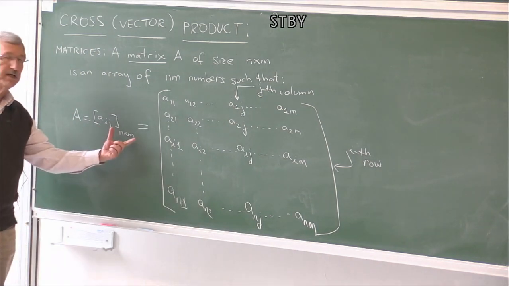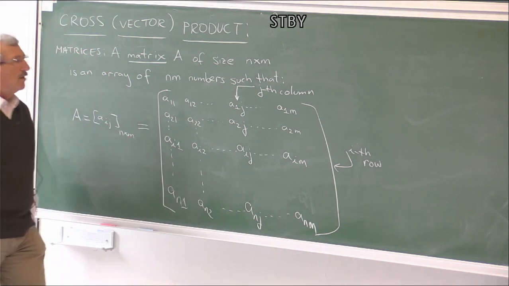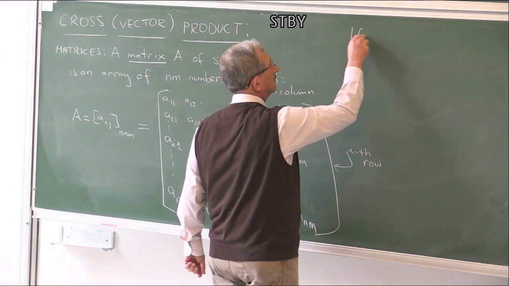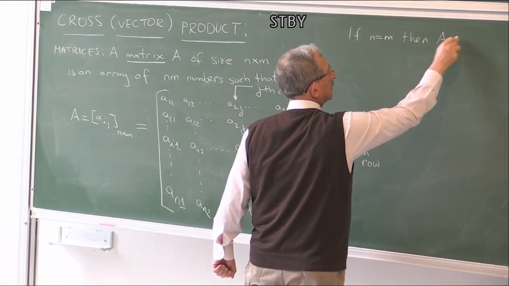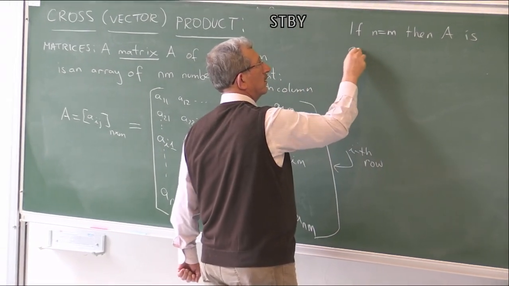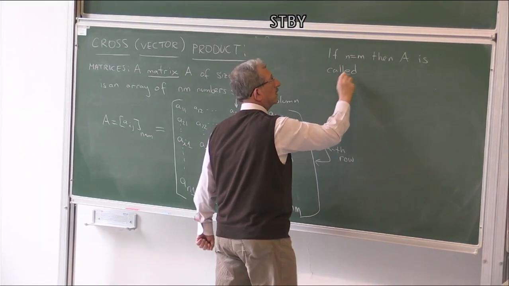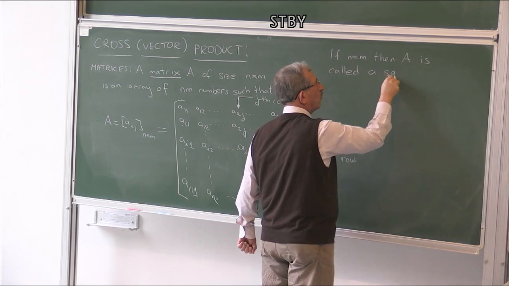Here, n and m need not be the same, okay? But if it is, then we call A a square matrix.